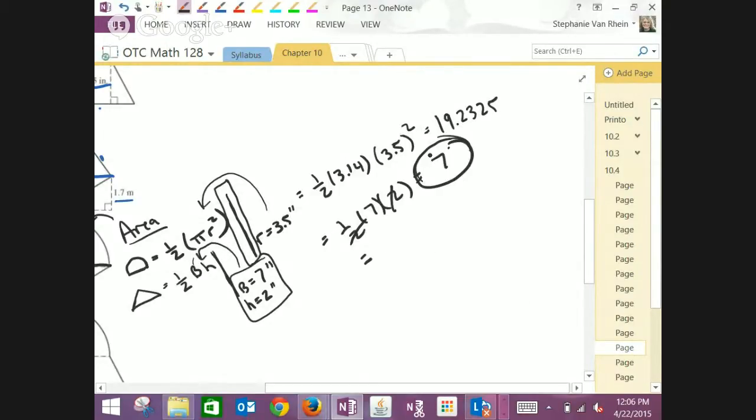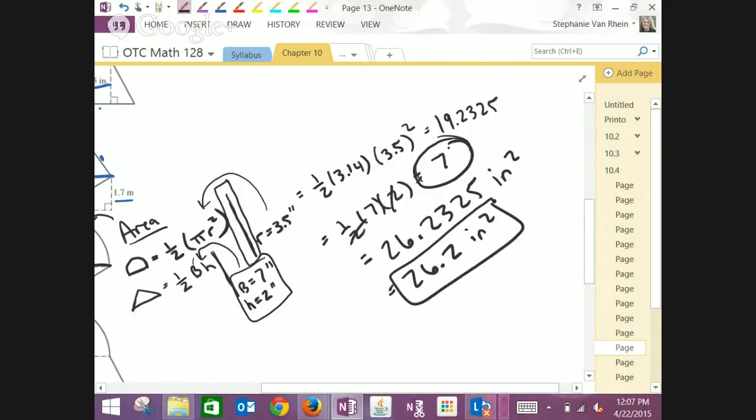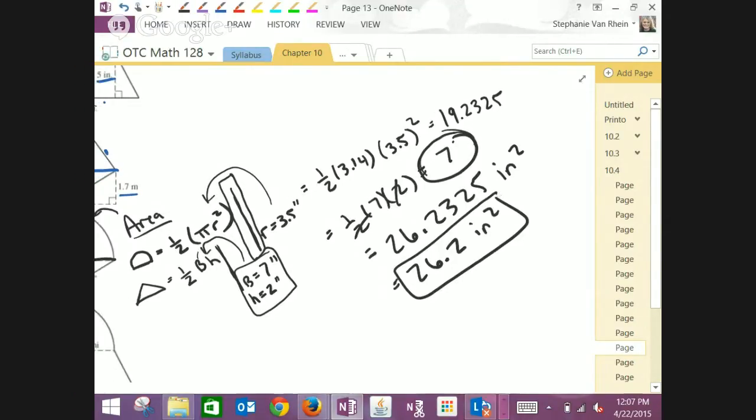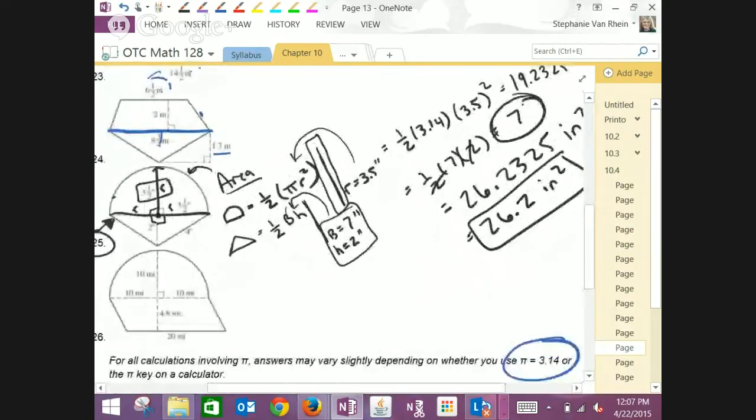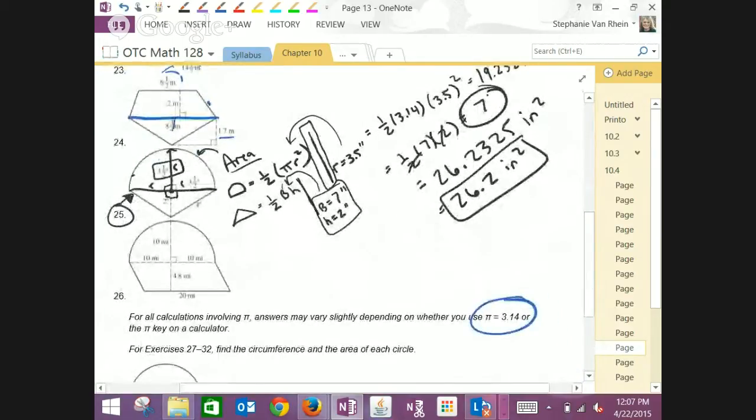That would be 26.2325 inches squared. And then if you round that to 1 decimal, yeah, 14 over 2 is not 7.5, just 7. Does that make sense? Yeah. Any other questions on homework?